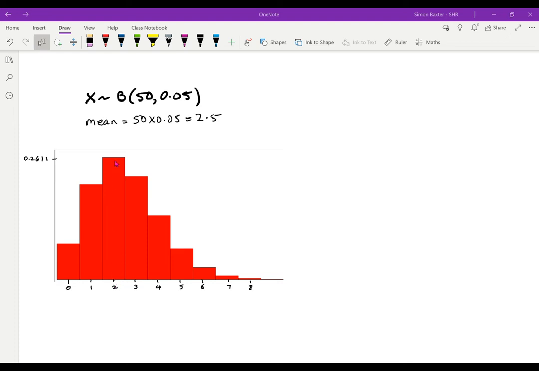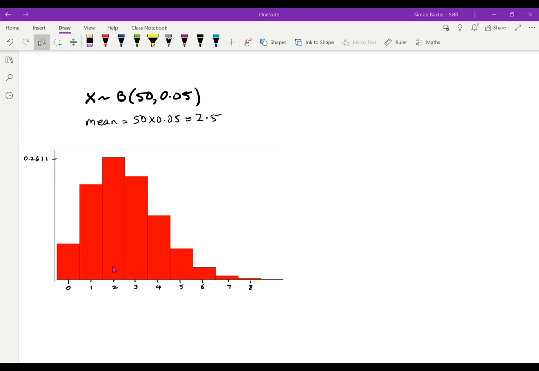The probability for X equals 2 was 0.2611, which means that the area of this bar from 1.5 to 2.5 will be 0.2611. The same is true for all the other red bars. Because the width of each bar is 1, the height is actually the probability in each case.